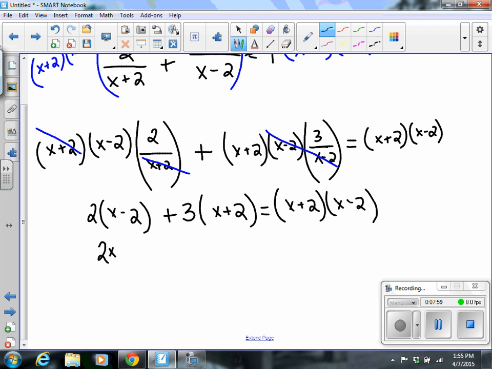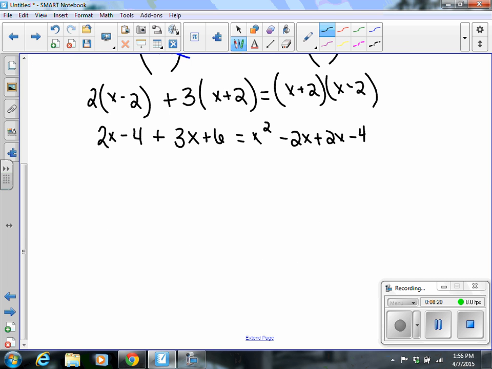So I have 2x minus 4 plus 3x plus 6 equals x squared minus 2x plus 2x minus 4. Okay, so I know my goal is to get to 0, but I'm actually going to combine some like terms first and then rearrange this a little bit.